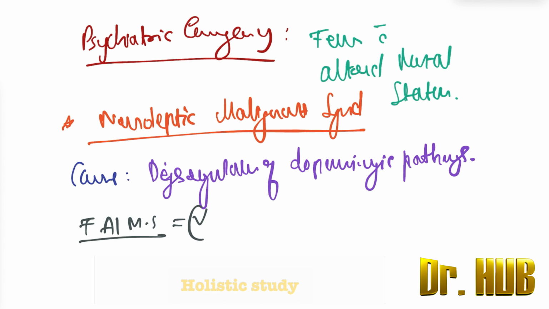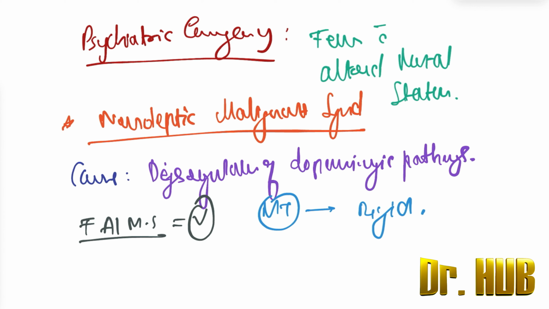This is present. And what about the muscle tone? The muscle tone is rigid. What about the skin and the mucosa? The skin and the mucosa are wet. The pupils appear normal.